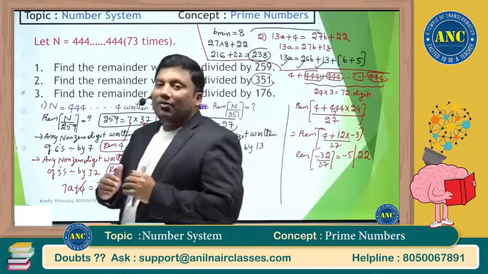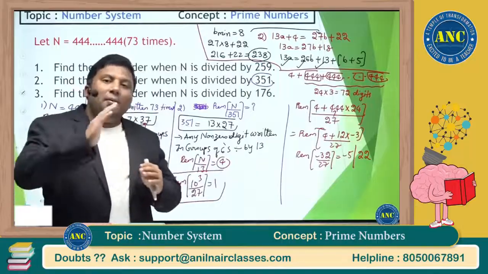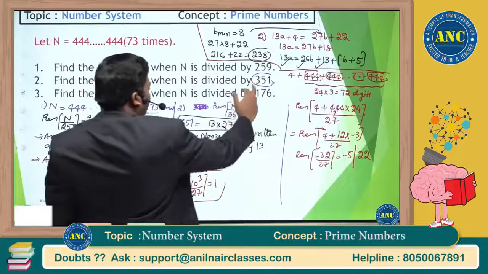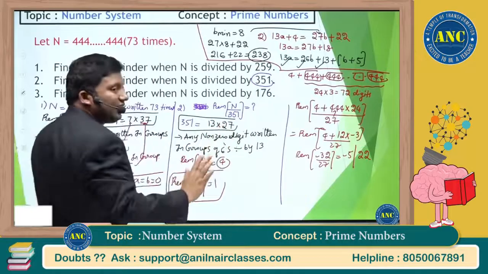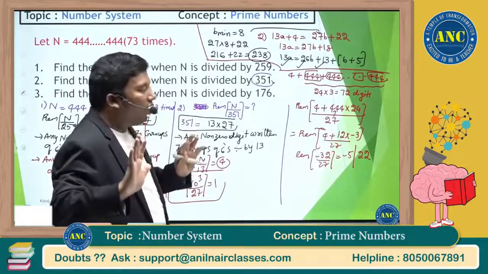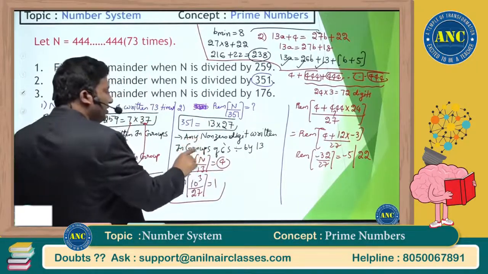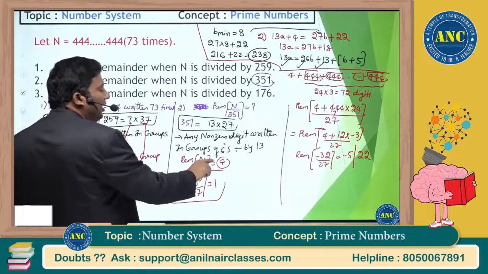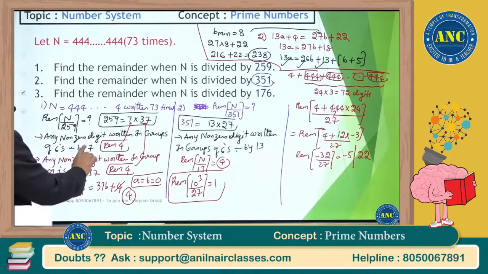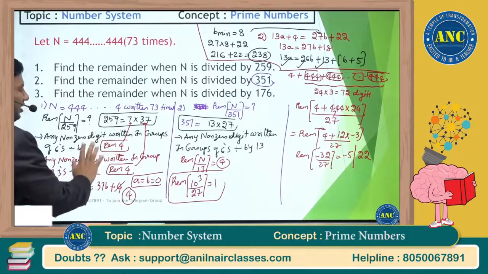What we did yesterday at a basic level, now we are expanding to the next level. 351 is 13 into 27. Actually, you don't need to do all these. I removed all answer options. Check with the answer option: which number when divided by 13 gives 4. Here also, check with the answer option: which number when divided by 7 gives 4.